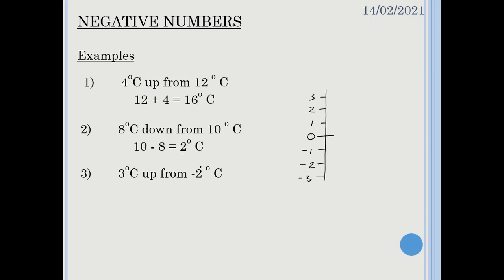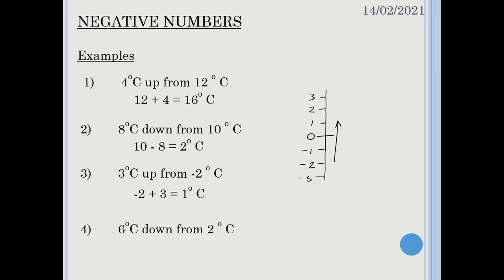If we're starting at -2 and it's going to go 3 up, then it's still going to get warmer, isn't it? It's going to go that way. So it's going to become -2 add 3, which is 1. So 1 degree Celsius.